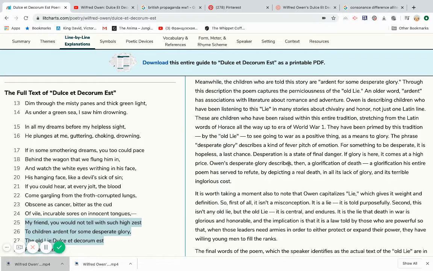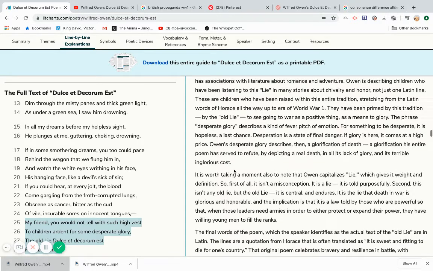Owen's "desperate glory" describes, then, a glorification of death, a glorification his entire poem has served to refute by depicting a real death in all its lack of glory and its terrible, inglorious cost, which makes this "desperate glory" an oxymoron, because one would not imagine that glory and desperation are two things that could go together.